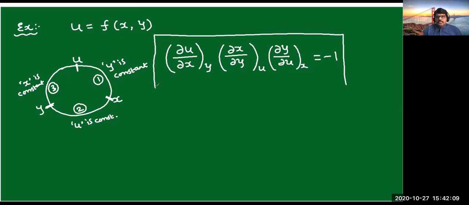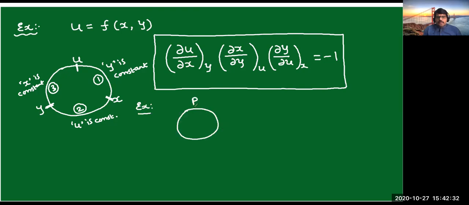We will also discuss whether a given equation is the representation of the correct cyclic rule or not. We can easily check that. Let us take one example, a cyclic process, where this is pressure. Pressure is a function of volume and temperature, and we have to apply the cyclic rule.